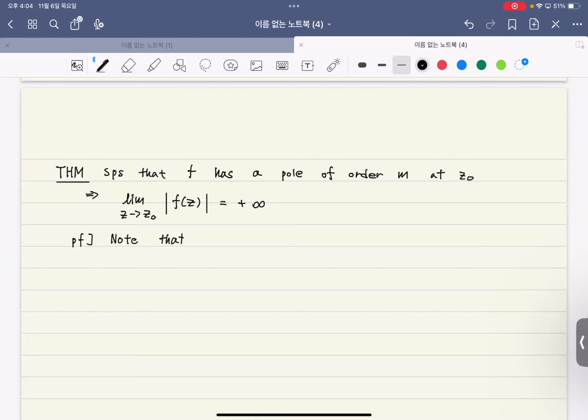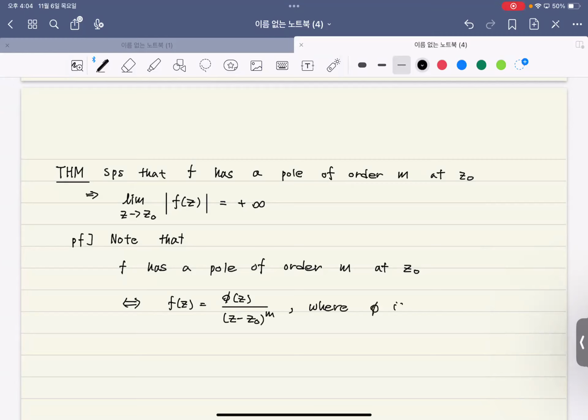We should be able to see that f having a pole of order m at z0 is mathematically equivalent to saying that f of z can be written as phi of z over (z minus z0) to the m, where phi is analytic at z0 and is non-zero. These two things are mathematically equivalent. Why is that?